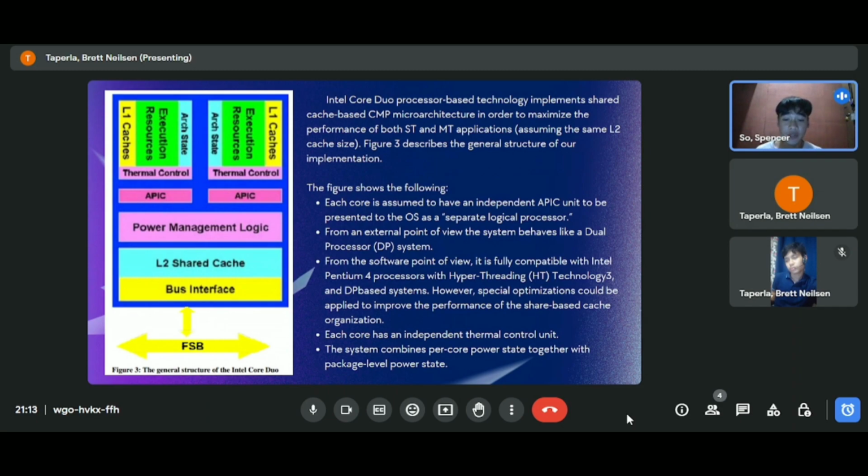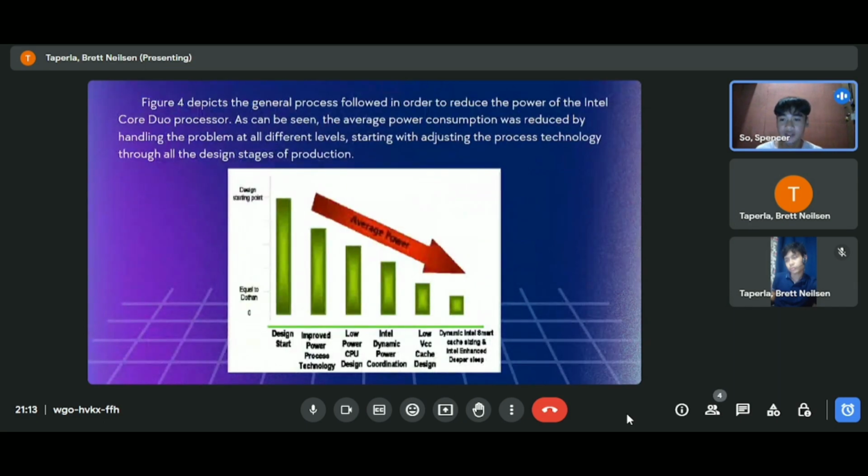Each core has an independent thermal control unit, and the system combines per core power state together with the package level power state. In figure 4, it depicts the general process followed in order to reduce the power of the Intel Core Duo processor. As can be seen, the average power consumption was reduced by handling the problem at all different levels, starting with adjusting the process technology through all the design stages of the production.